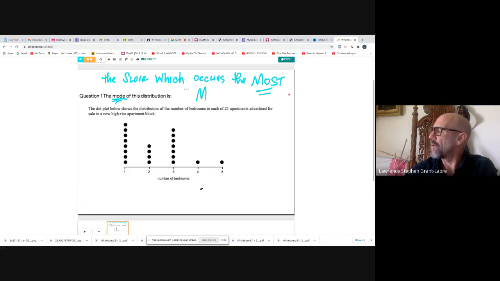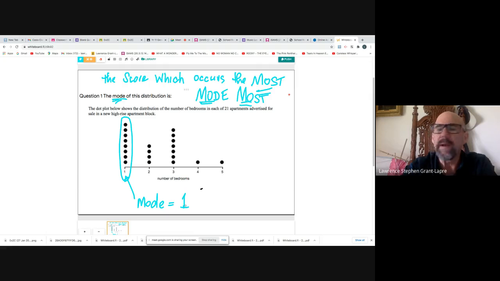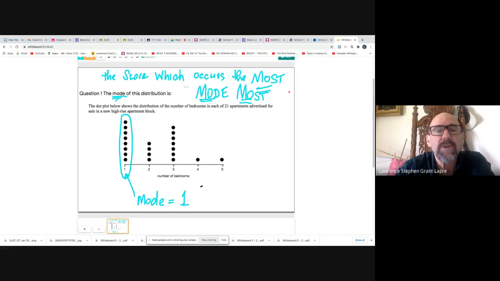When you see mode, MO, the one that occurs the most. This one here, the mode is 1. Because there's more ones than any other: there's only 4 twos, 7 threes, 5 fours, but 8 ones. So 1 is the score which occurs the most.